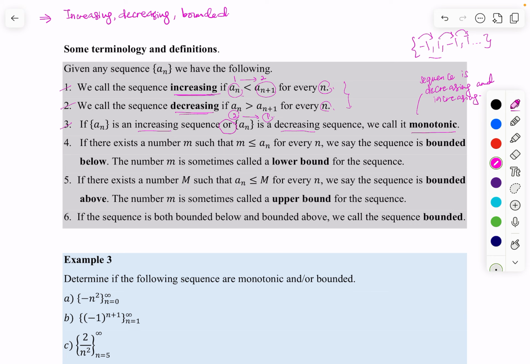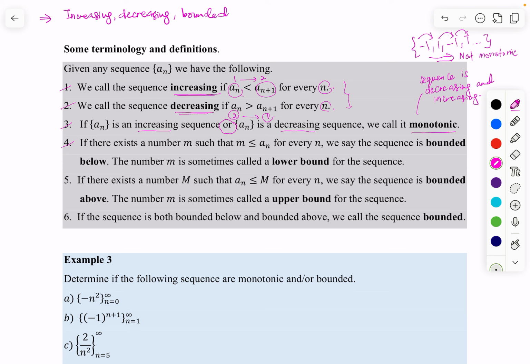So this alternating sequence is not monotonic. For a monotonic sequence, the pattern is just monotone. It is either decreasing or increasing. This is important because you need to know how to determine if the sequence is monotonic or not.